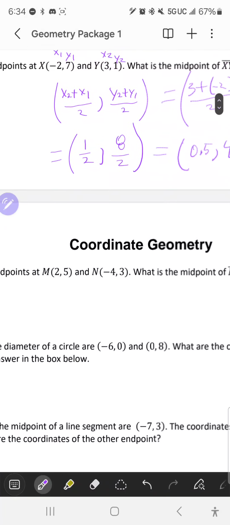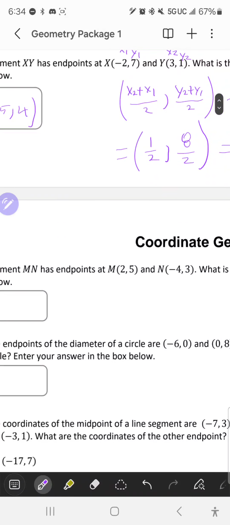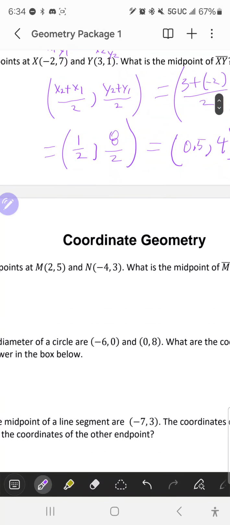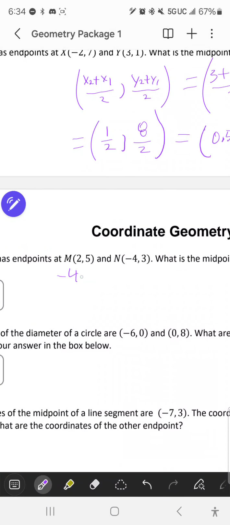Now, question 8 also asks for the midpoint. So you just use the formula, you add the 2 x's, which is going to be -4 plus 2, since these are the x's, divided by 2, comma, 3 plus 5, since these are the y's, divided by 2.